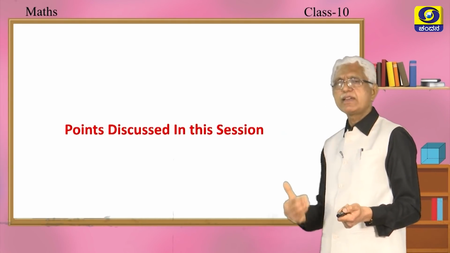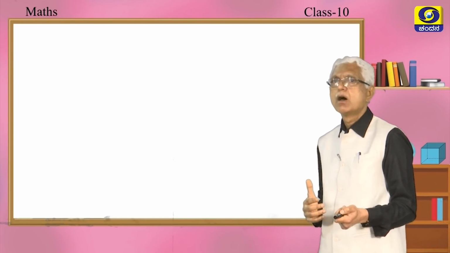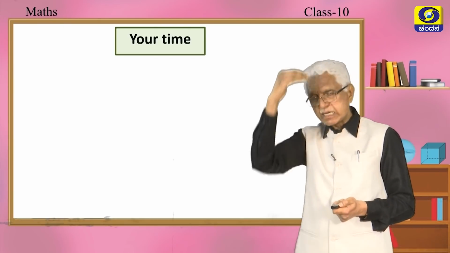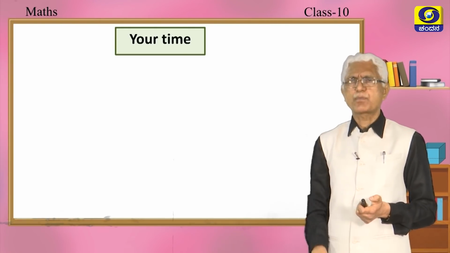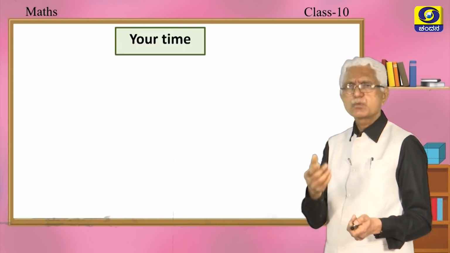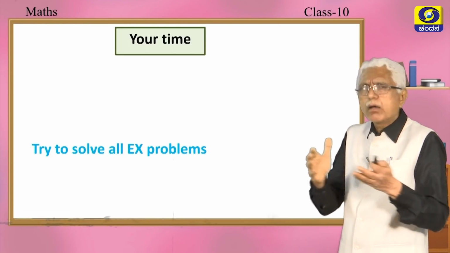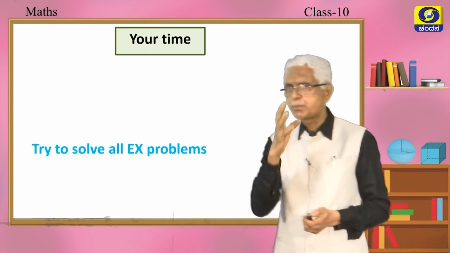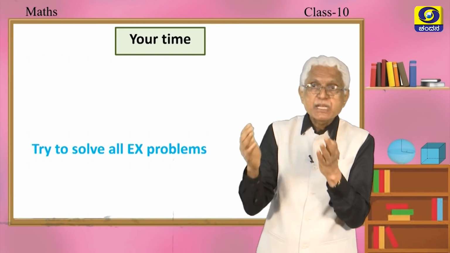So, what all we learned in this fifth session of the lesson, the fifth part of the lesson on arithmetic progression, is a variety of problems and really interesting problems, my dear children. Now, a small assignment for you. Try to solve all the exercise problems, also the worked examples, and especially as many problems as possible from the old question papers.